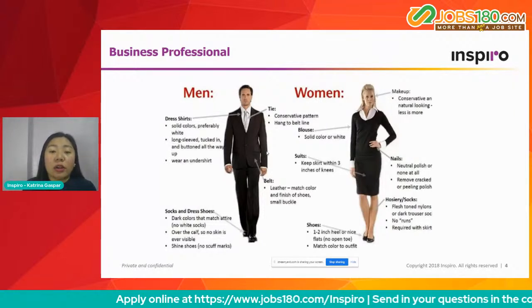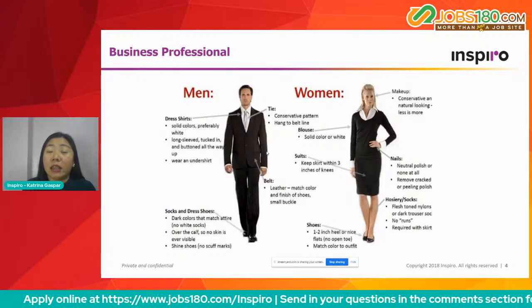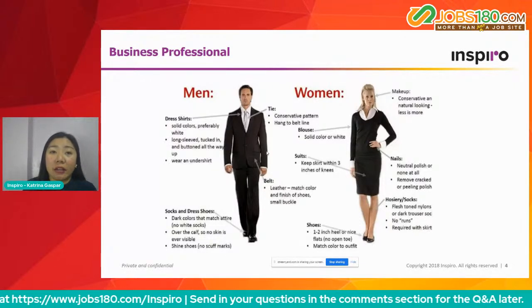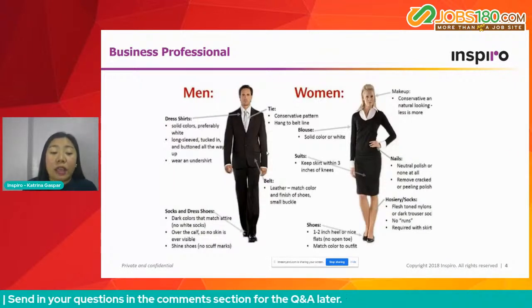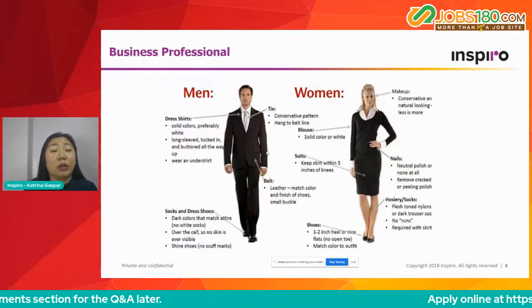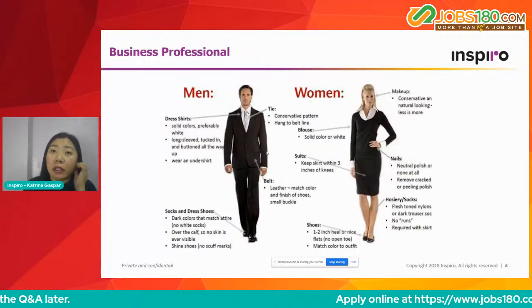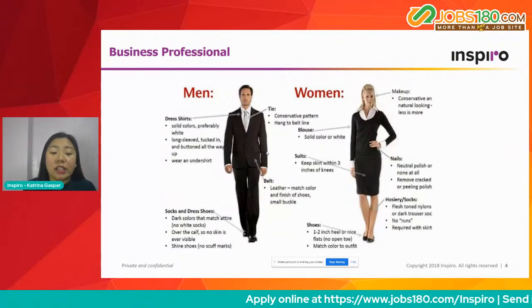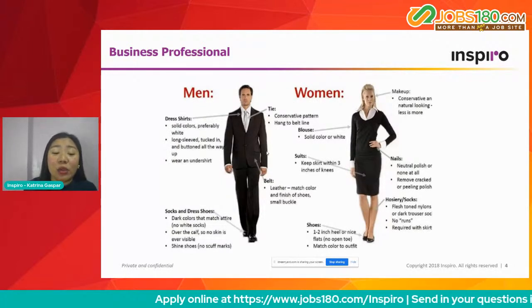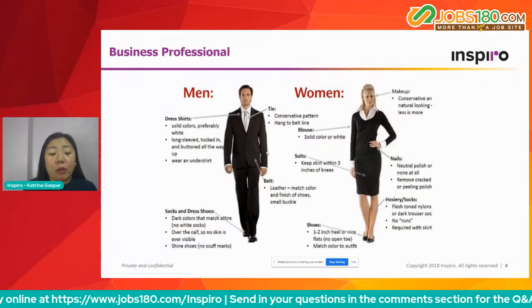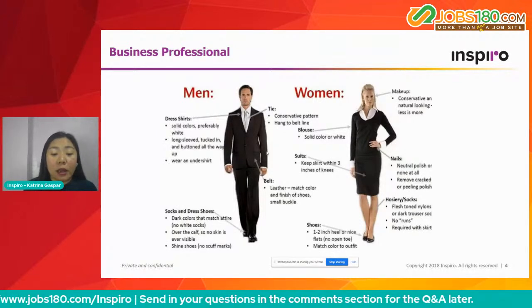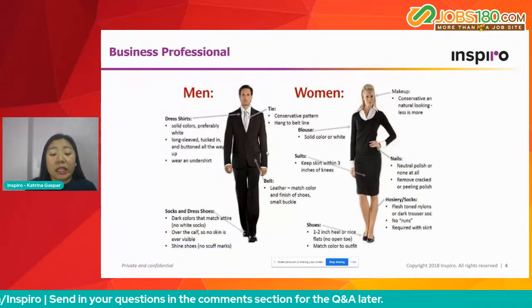And also avoid wearing a printed top or shirt and a revealing top because it might also be, again, distracting to the interviewer. And if you want to wear a dress, you can also wear one. But remember that work dresses shouldn't be too high, too tight, or too revealing. You can, of course, pair them with a blazer, but be careful with your color coordination.